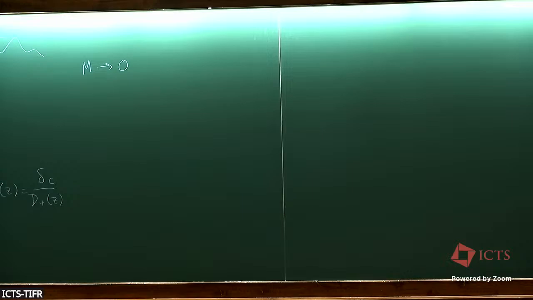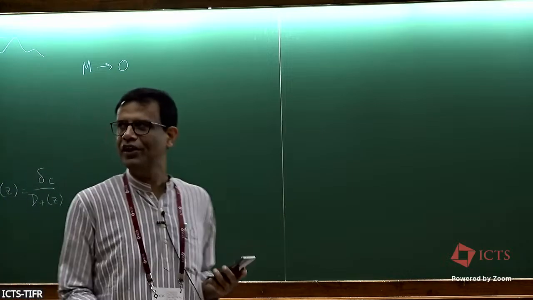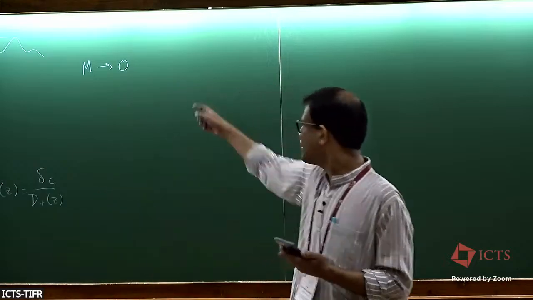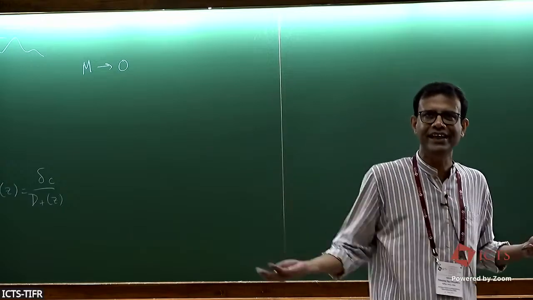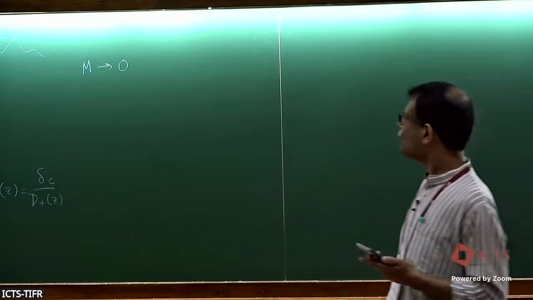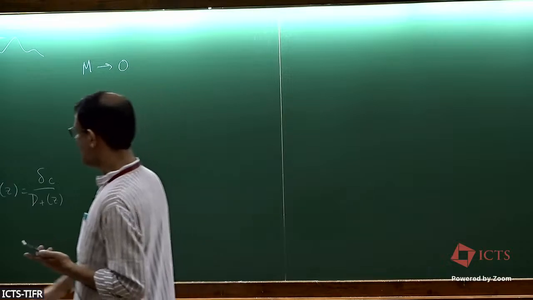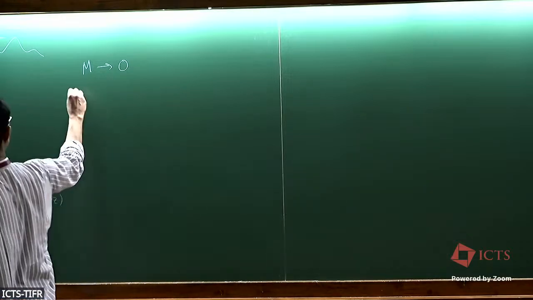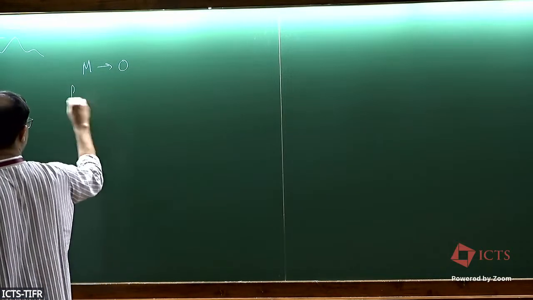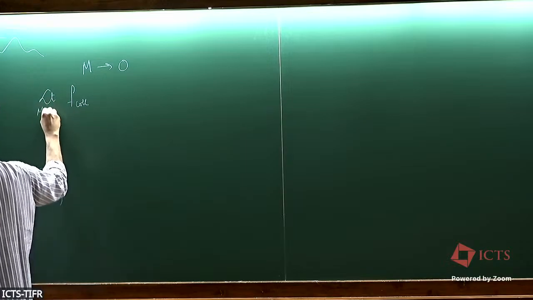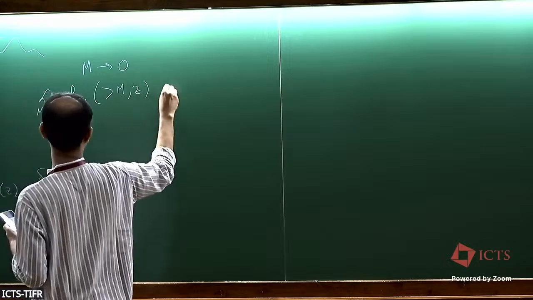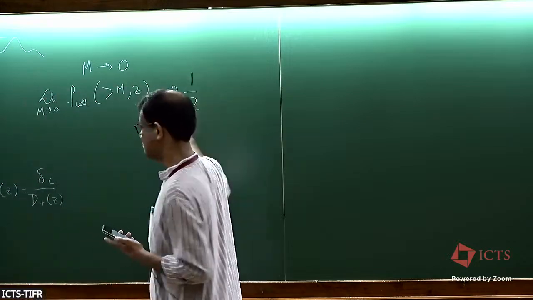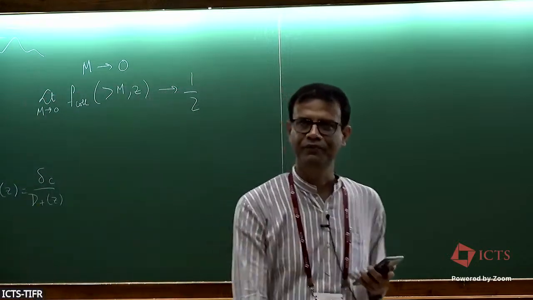If I take m going to 0, that means I am talking about all halos in the universe, and it should contain all the dark matter because there is nothing outside. Now, if you take this m going to 0, you will see that this quantity F collapse, limit m going to 0, greater than m z, goes to half because of that half sitting outside.